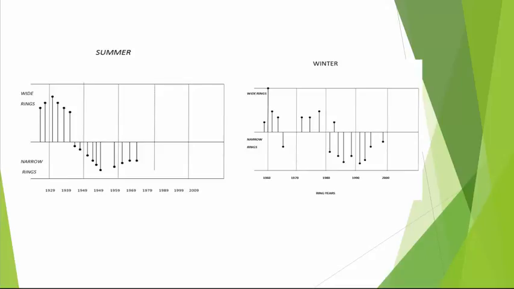If the rings were white, then the summers were very hot, and with a lot of rain. But if they're narrow, they were cold and with no rain. So that's how we determined how was the climate in the last 100 years in our wood.